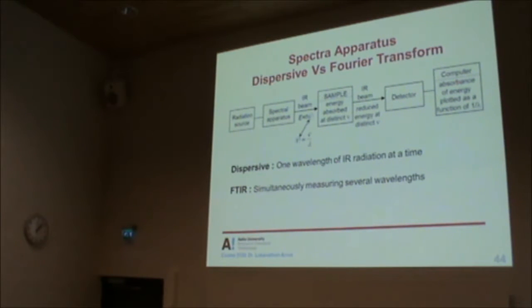We use what is known as Fourier transform. The difference is, in dispersive elements we measure one wavelength at a time. But in Fourier transform we send a whole bunch of infrared radiations at one go, and we later analyze all the wavelengths together. So here you do high throughput, where you simultaneously measure several wavelengths. This is a bit tricky concept.